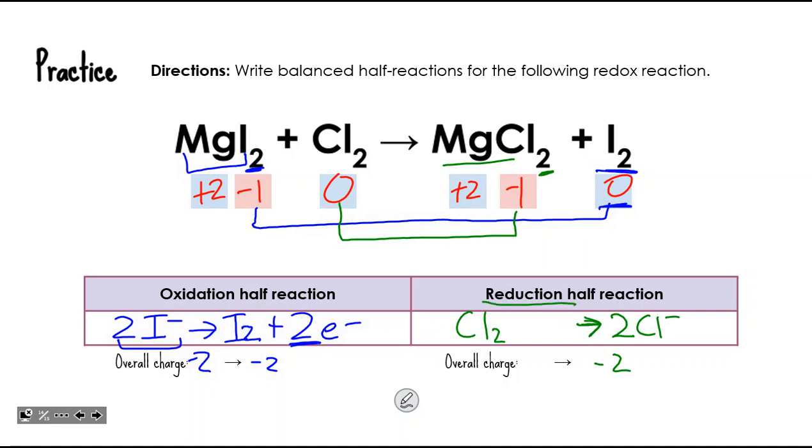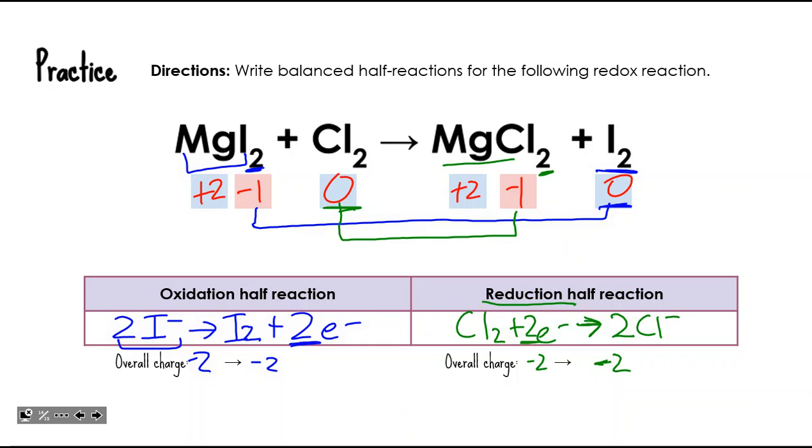And we know in the reduction, we're going to be putting the electrons over here. How many electrons do we need to make it balance? Remember, we need a -2 here. And the chlorine's representing a charge of 0, so we need 2. We need to put a 2 there, so that's -2, like so.